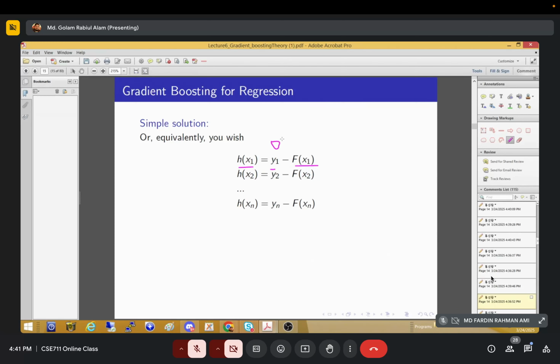Like if this is the original value 0.9, and this is the prediction 0.8, then h of x1 will be the subtraction between these two, which is 0.1. Okay. Similarly, we will get h of x2 up to h of xn also. Actually, this is the error, and we will consider this error to build our new models.